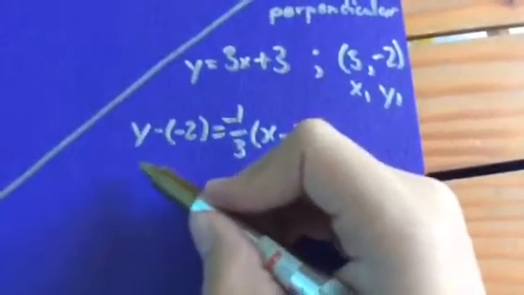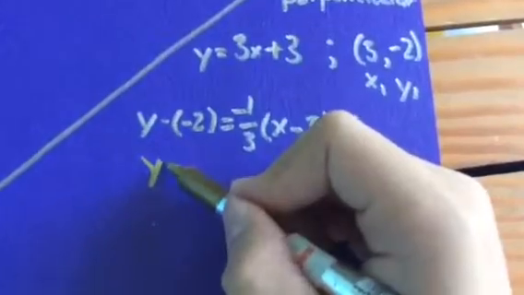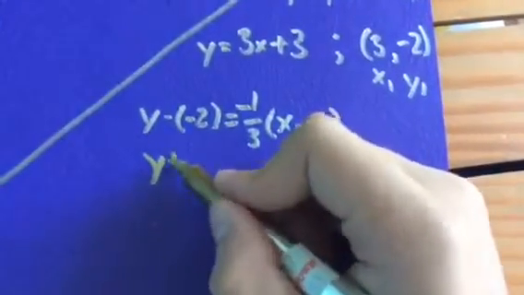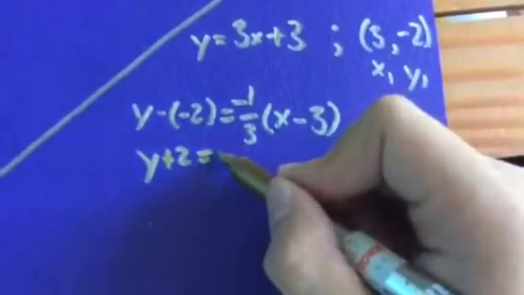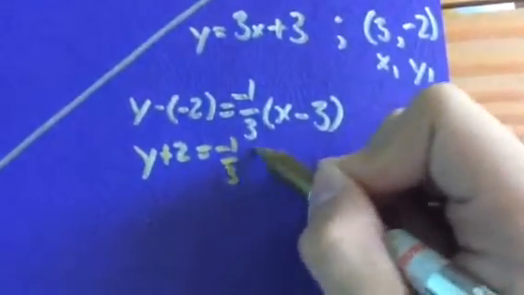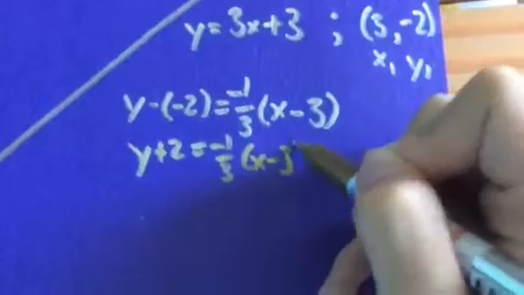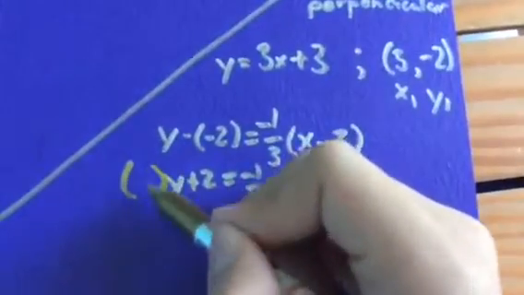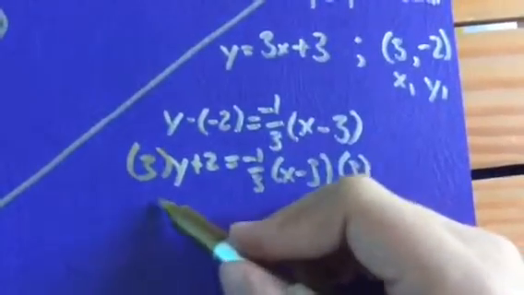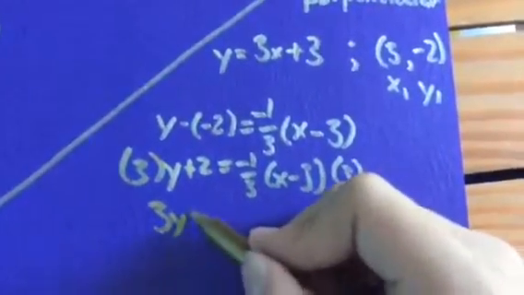And afterwards, it would be x minus 3, which is x sub 1. Now, you can pretty much solve for it. To get rid of the 3 here, you have to multiply all the sides by 3.